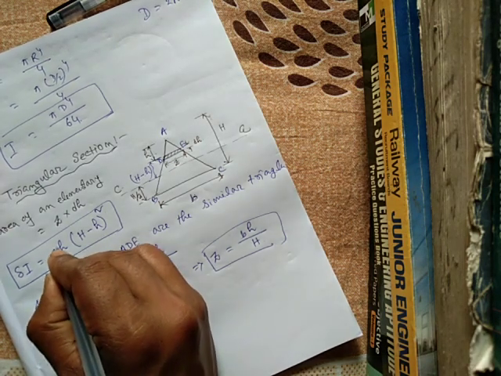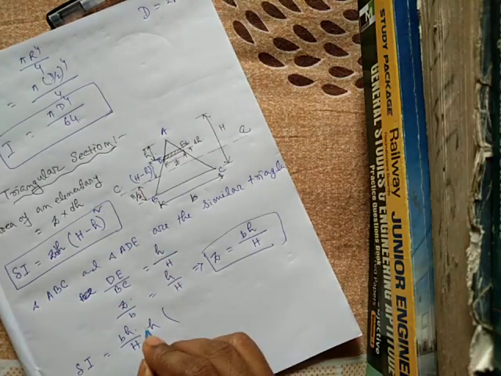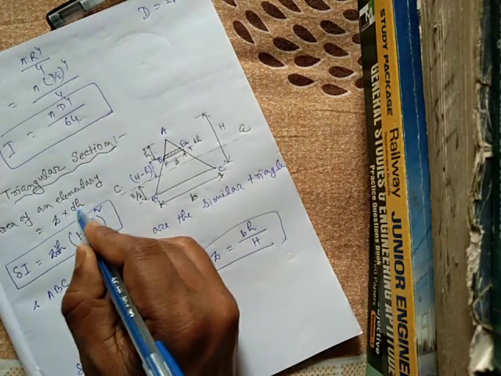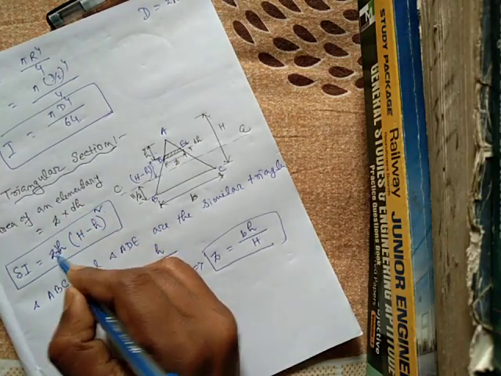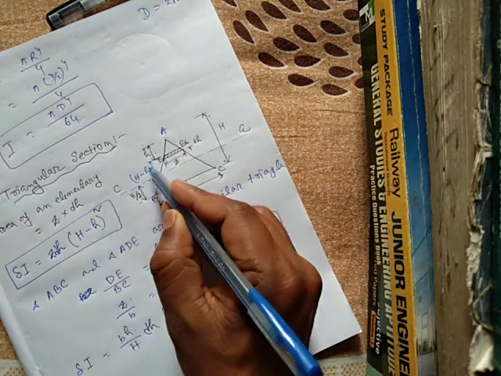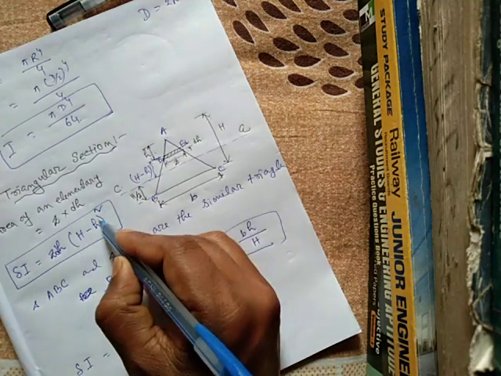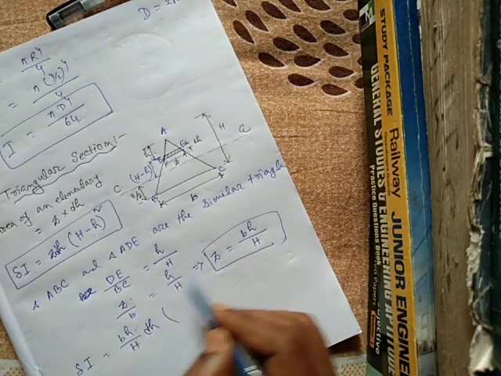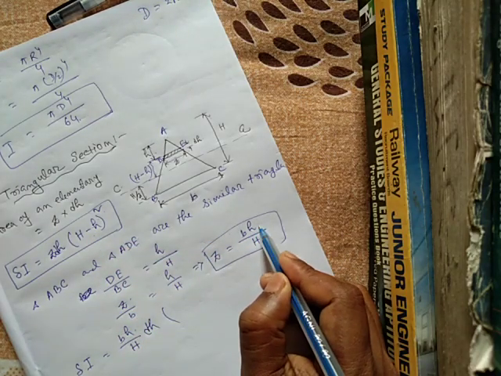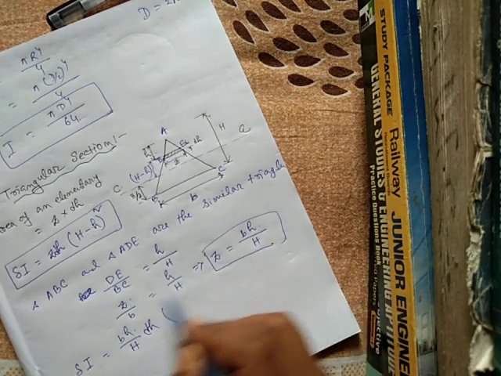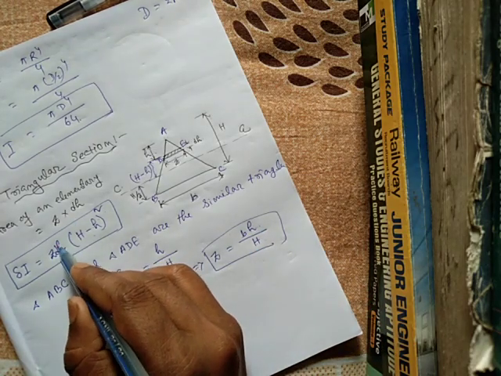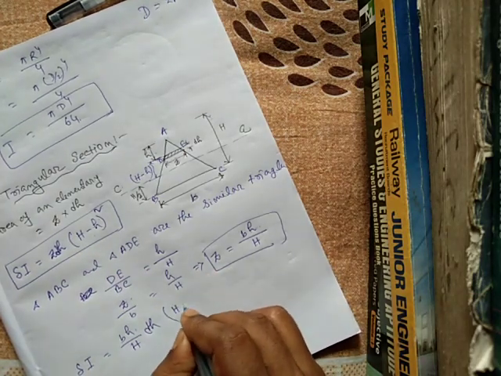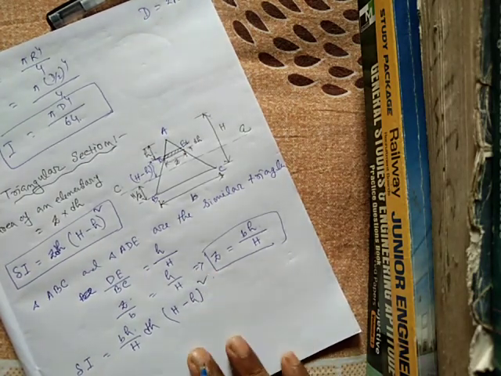Sorry, this is the dh. The area of the elementary is z into dh, and the perpendicular distance squared is (H minus h) whole square, where the value of z equals b into h divided by H, and this is the dh, and (H minus h) whole square.